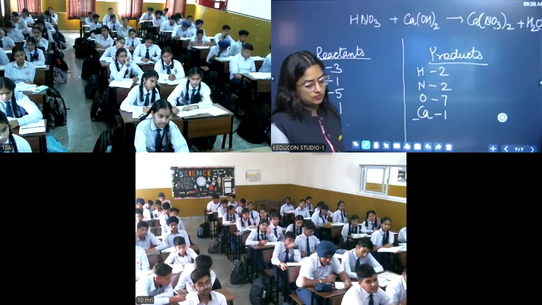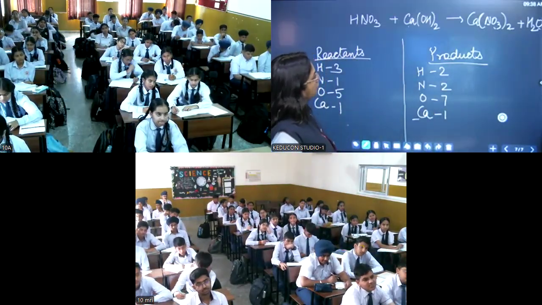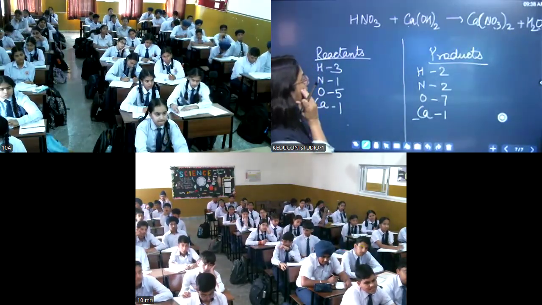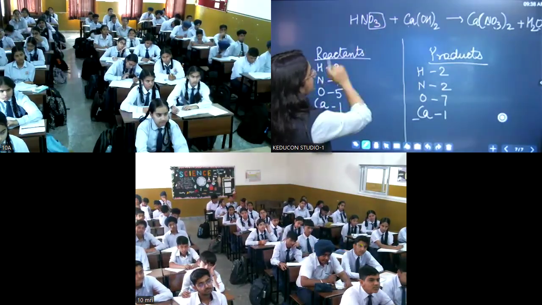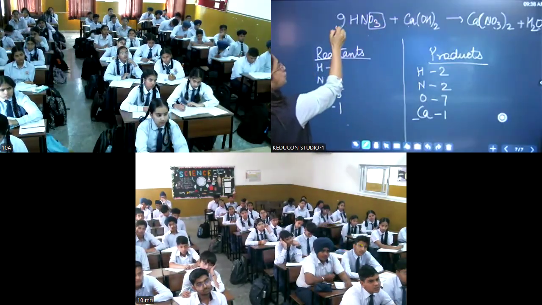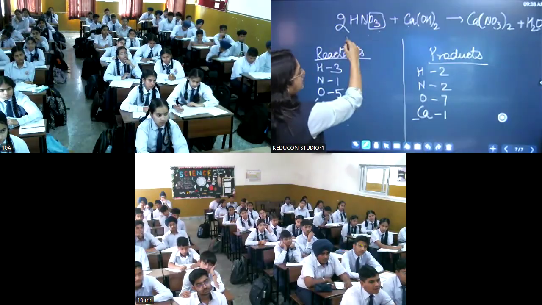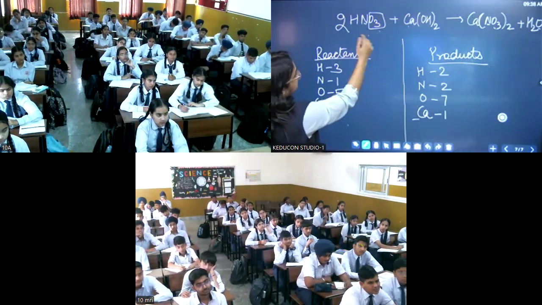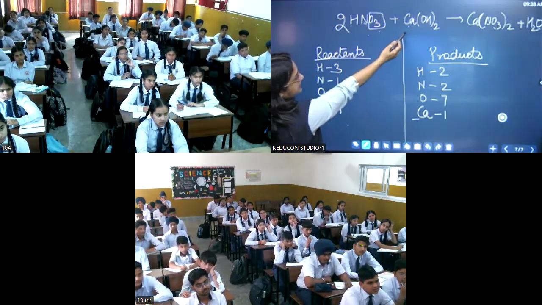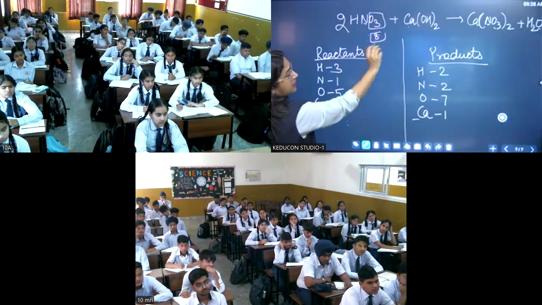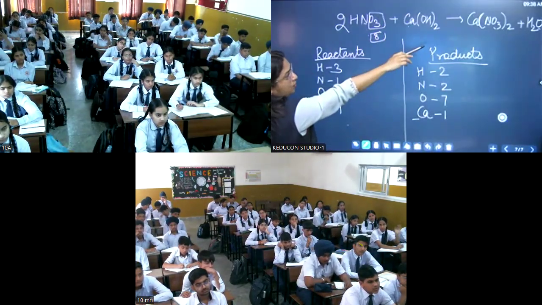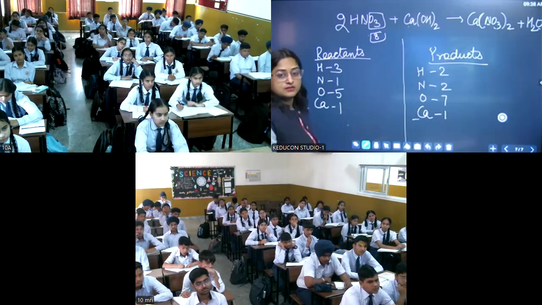Oxygen. What would you like to do for balancing oxygen? You have 3 oxygen atoms here. If you put 2 here, how many oxygen atoms do you get in total? 3 twos are 6, then 7, 8. So you have 8, right? Can you make the number of oxygen atoms 8 there also?